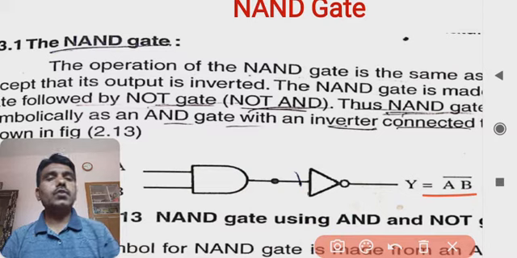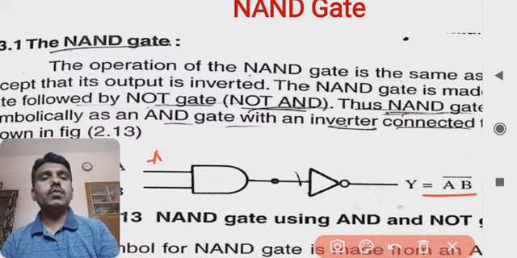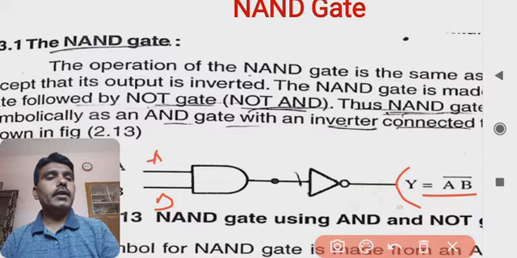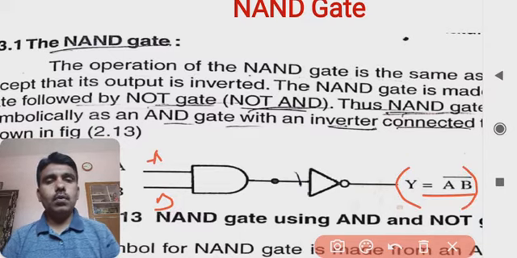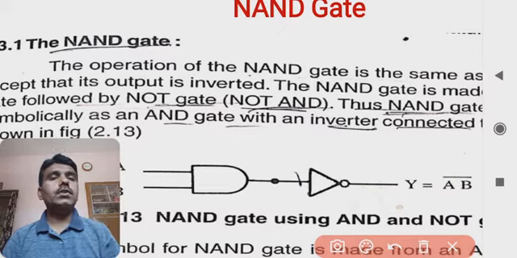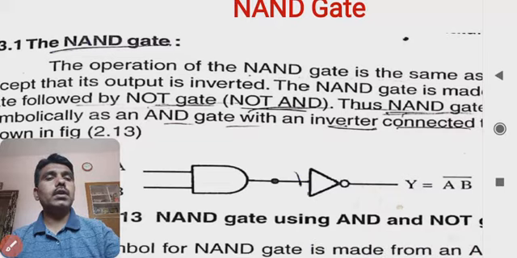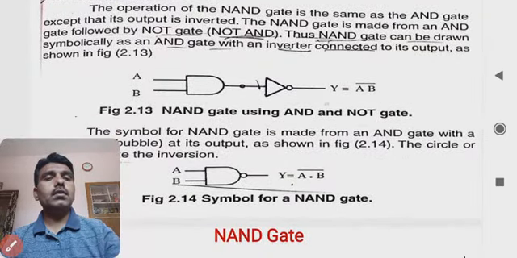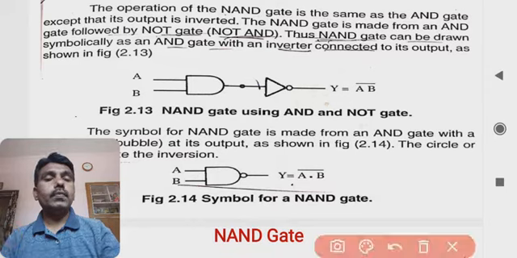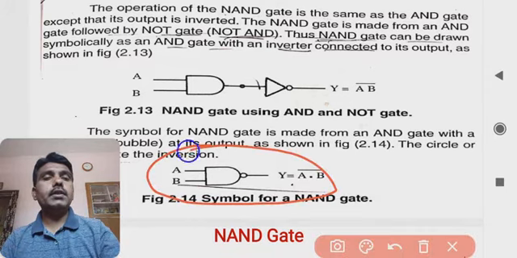So if A and B are the two inputs, then the output will finally be (A dot B) complement. So symbolically, this NAND gate is going to be presented like this.